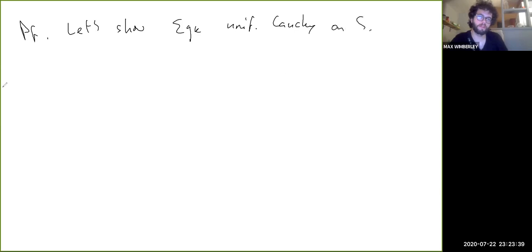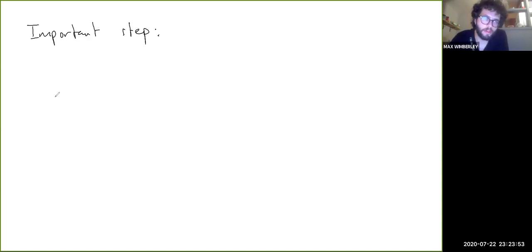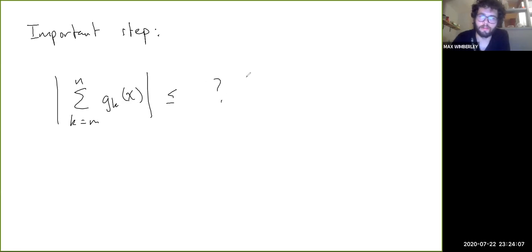So let's show that the series of g_k is uniformly Cauchy on S. Let epsilon be greater than 0. Ultimately, we're going to try to bound this above by something, and then get that to be less than epsilon.